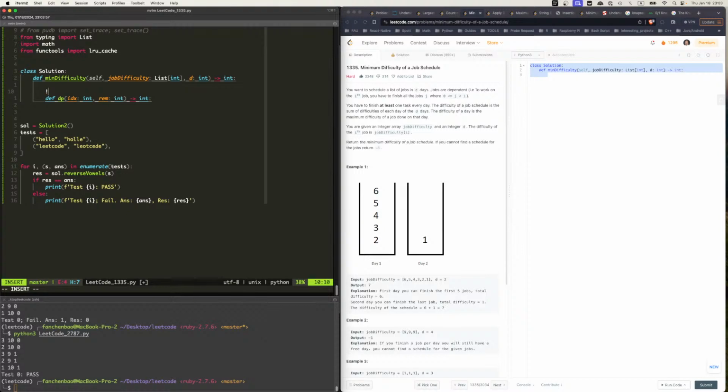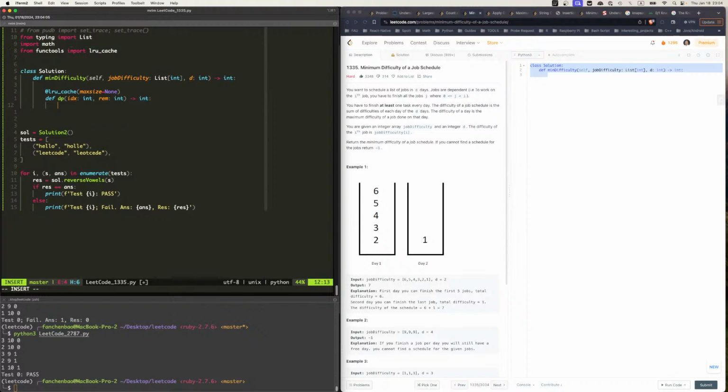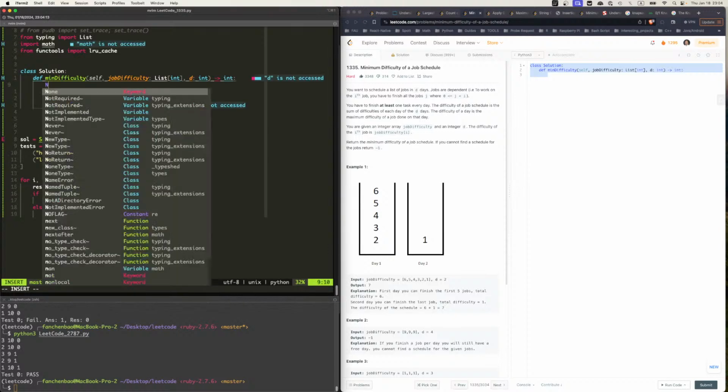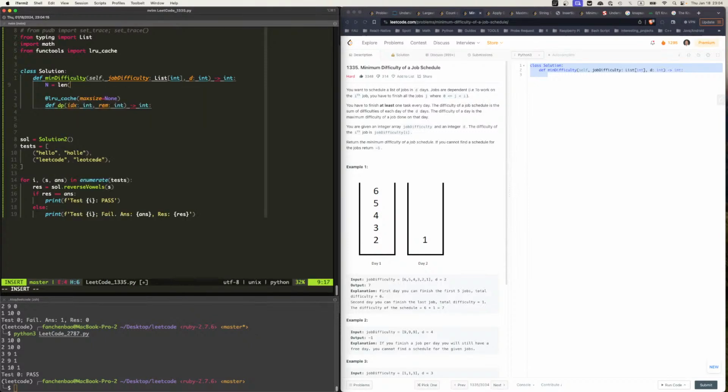Cache with maxsize is None, right? So this one, again, if index is, hold on a second, when n is equal to len of job difficulty, right?